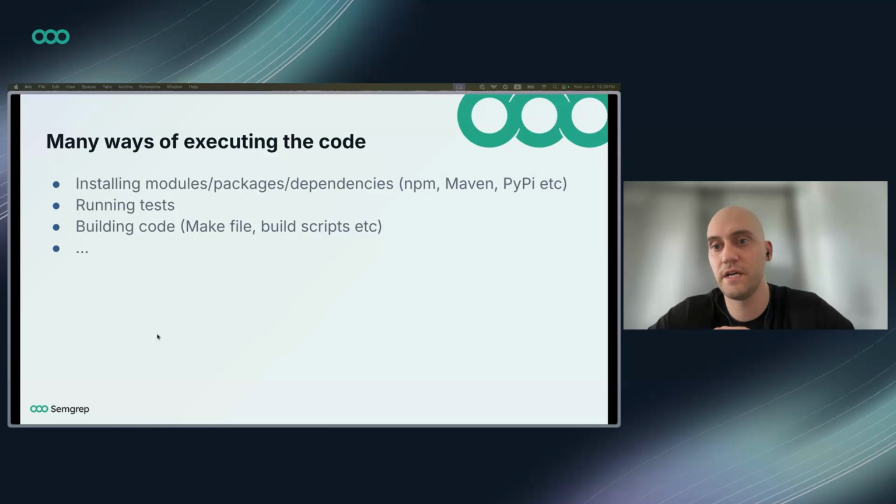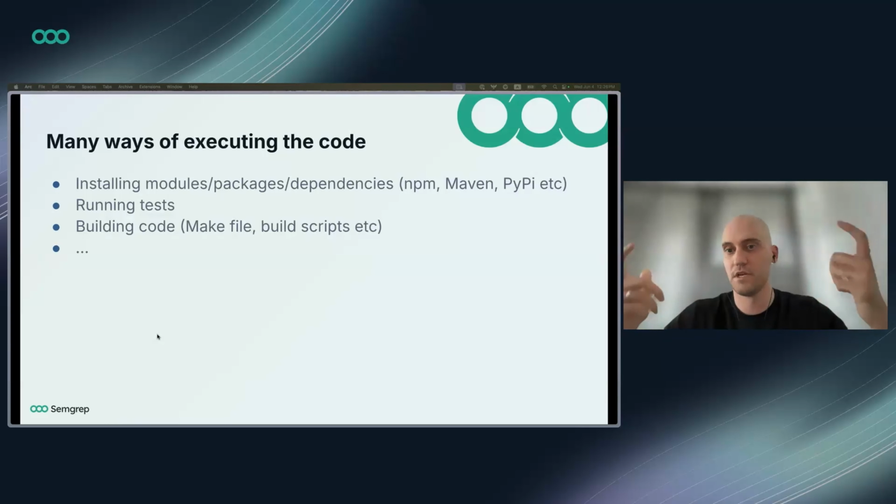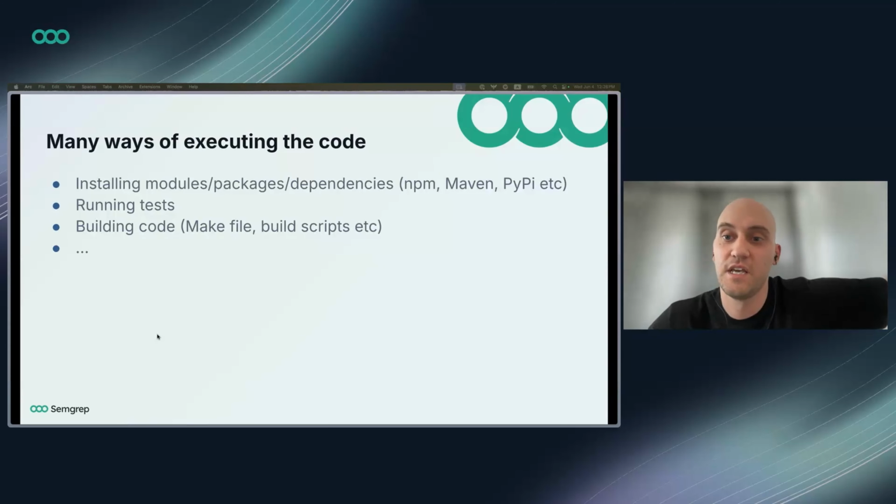We can modify unit tests or other tests. Also, usually when the code is built, there are different makefiles, build scripts, and many other things I can think of. So you need to be creative to identify those things.